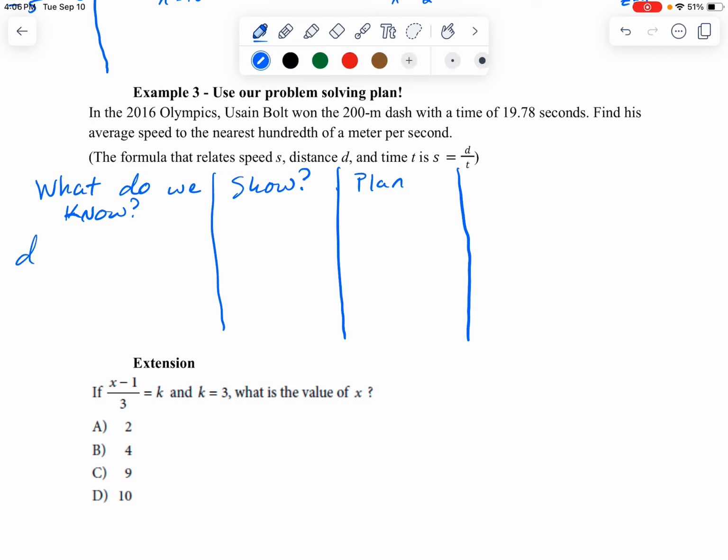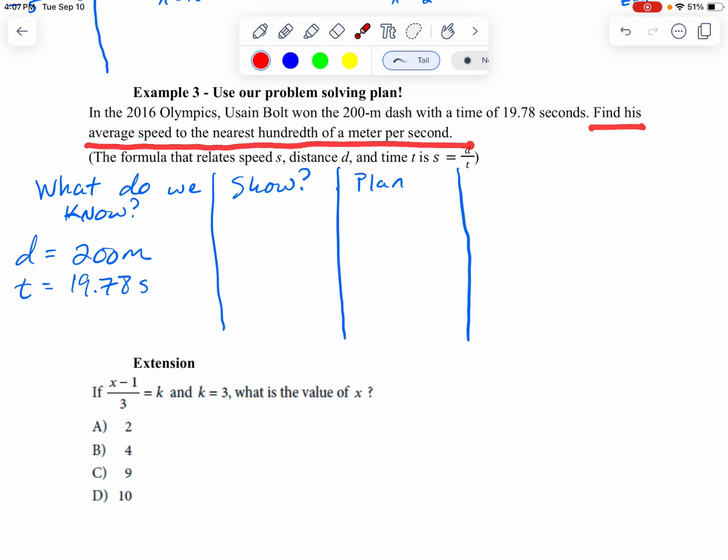So we have a distance of 200 meters. We have a time of 19.78 seconds. We want to find average speed to the nearest hundredth of a meter per second. So that's what we're trying to show.